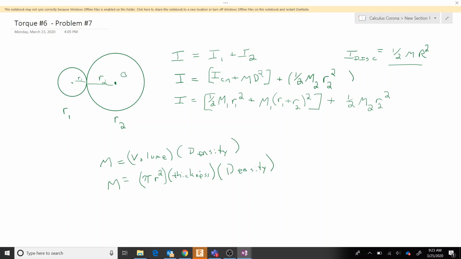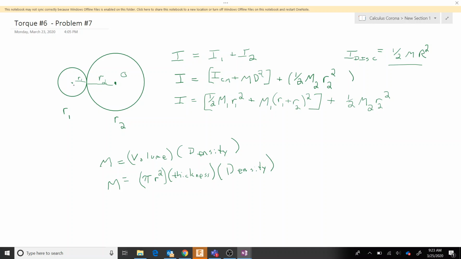So this problem has a bunch of different pieces. The moment of inertia is that of disk 1 plus that of disk 2. Disk 2 is easy to find because it's rotating around its center.